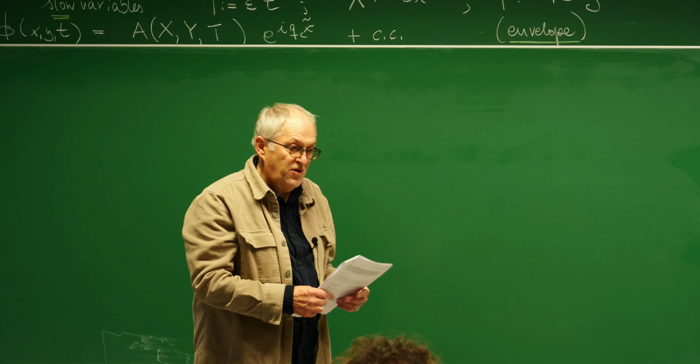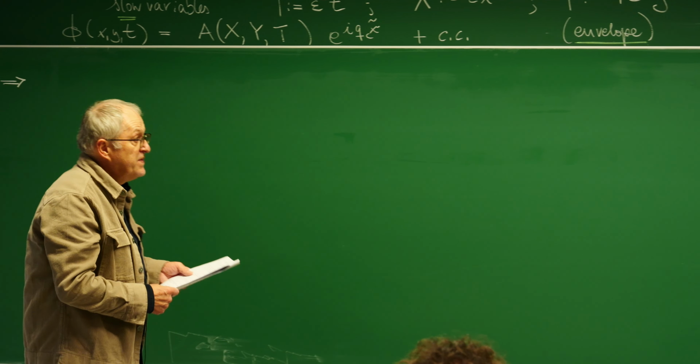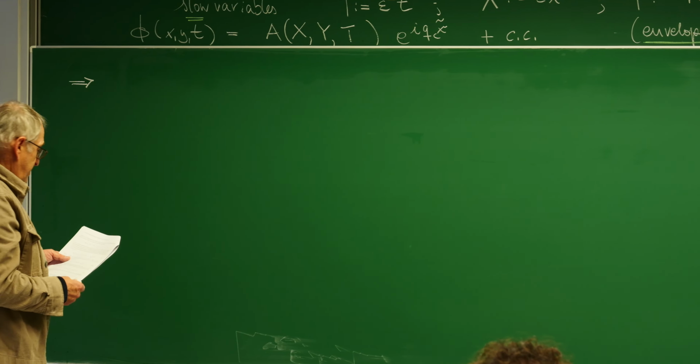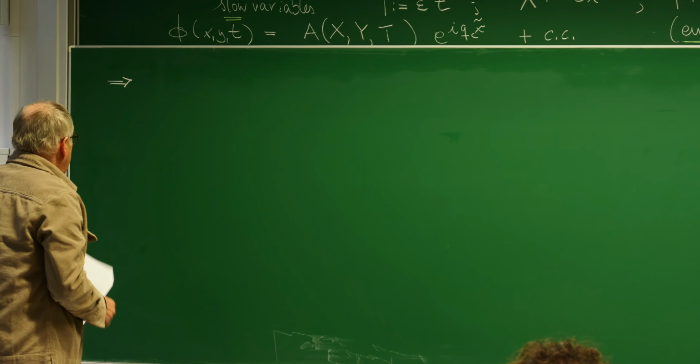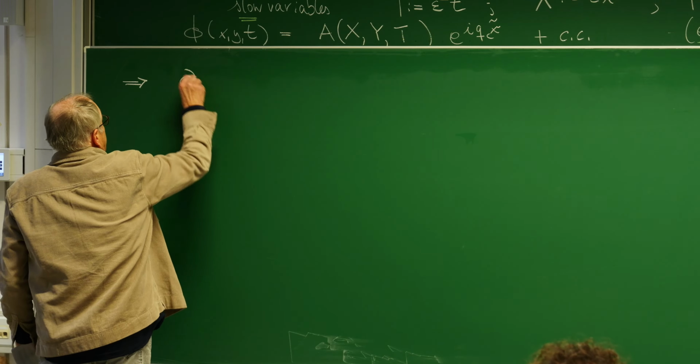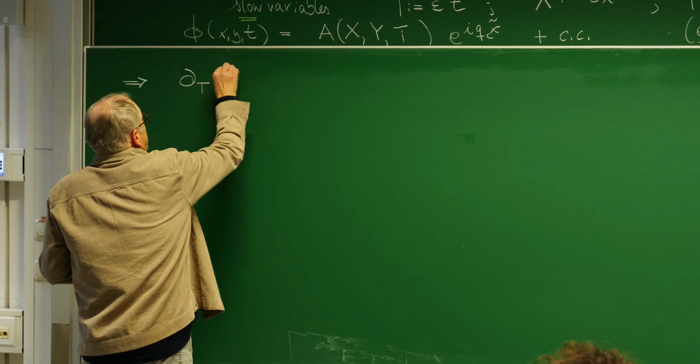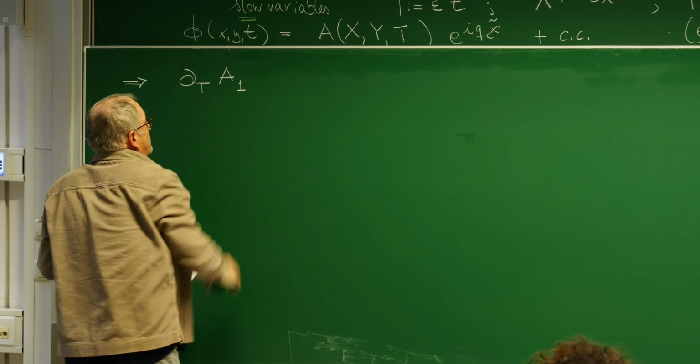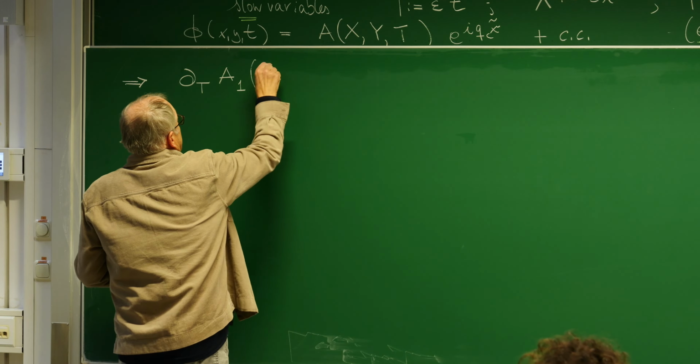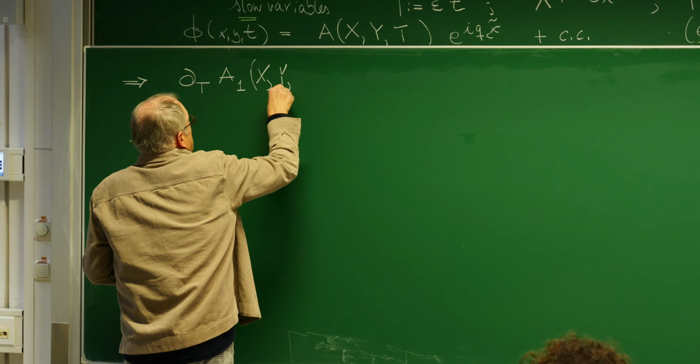And that's in the notes if you want to read about this. But I really prefer the physics argument here. So it means that now we have an equation for the amplitude A1 that is a function of x, y, and t.